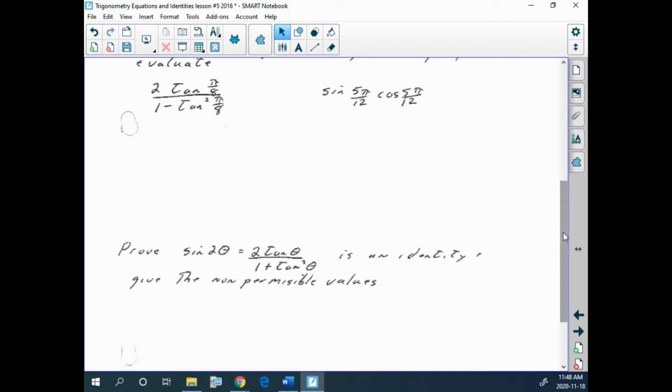Then I will solve the tangents and replace 2 times sine.